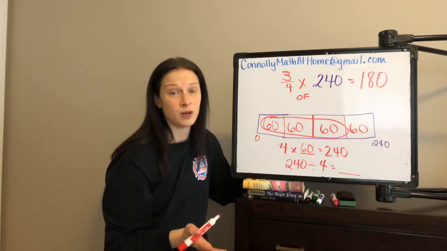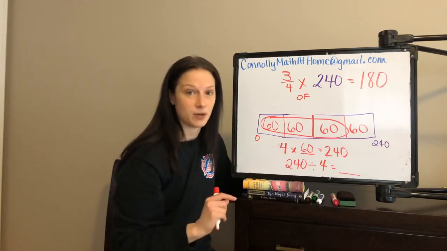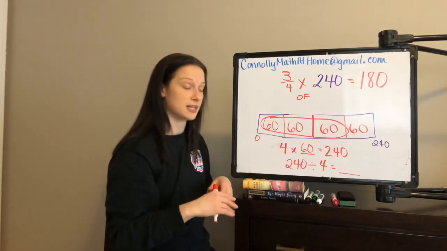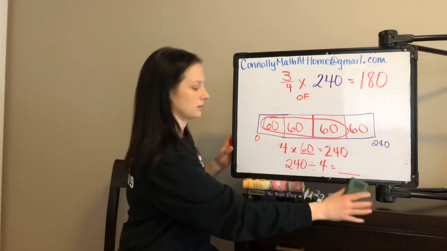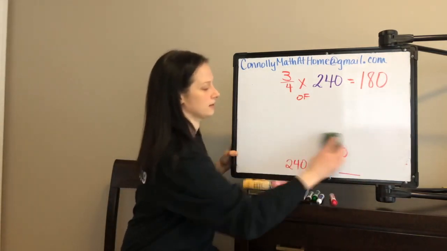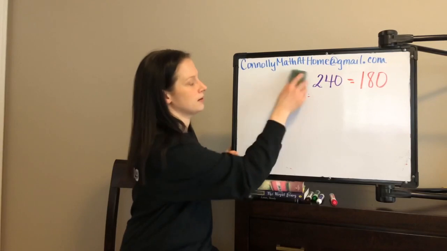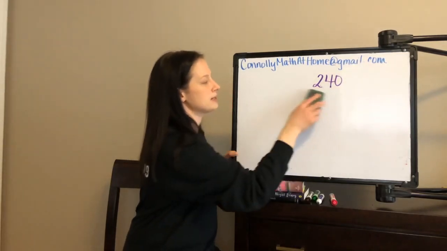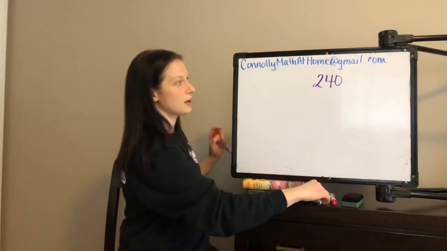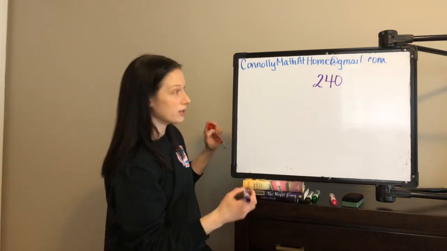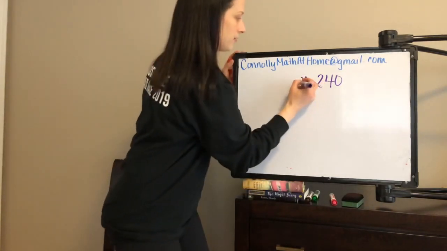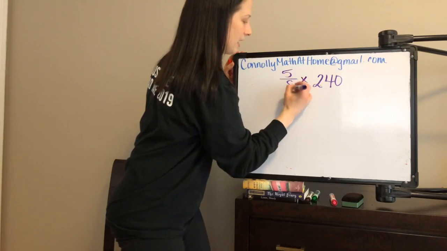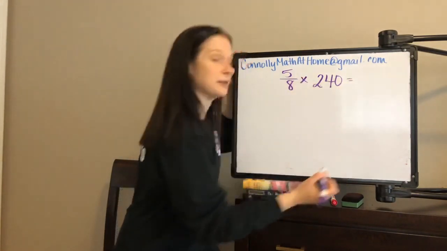Okay, let's try another one where the numerator is not 1, because I want to make sure that we put all of the steps together now. All right, so our race is still 240 miles long, but this time I am going to go 5/8 of the way.